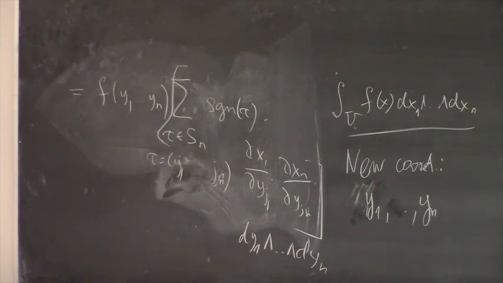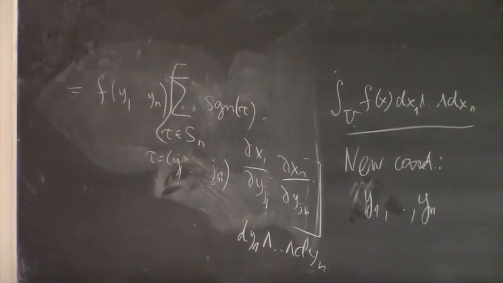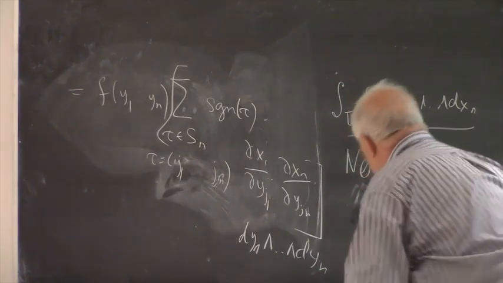Now this sum, my friends. Everybody knows that this is the determinant. It is the determinant which is called the Jacobian of x's over y's, and I write it in this way.